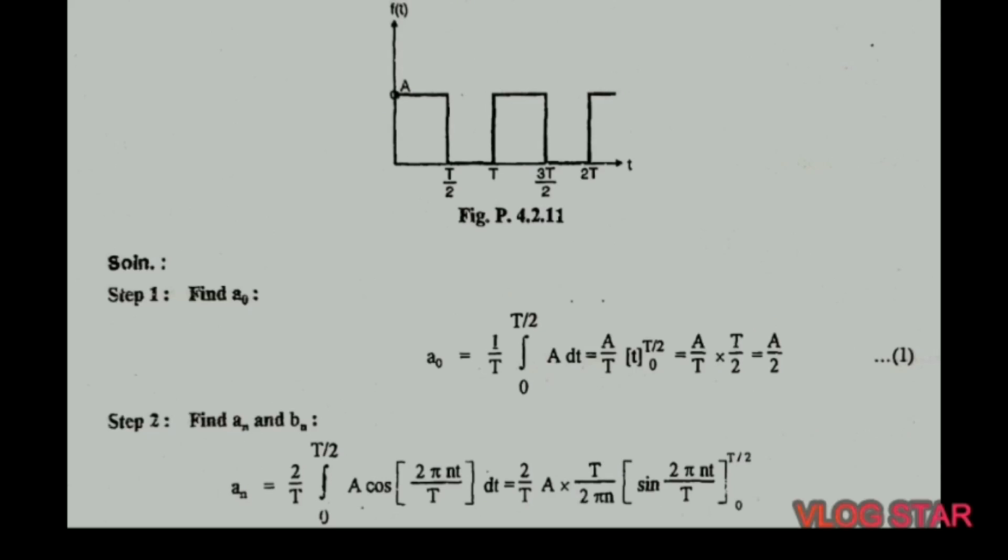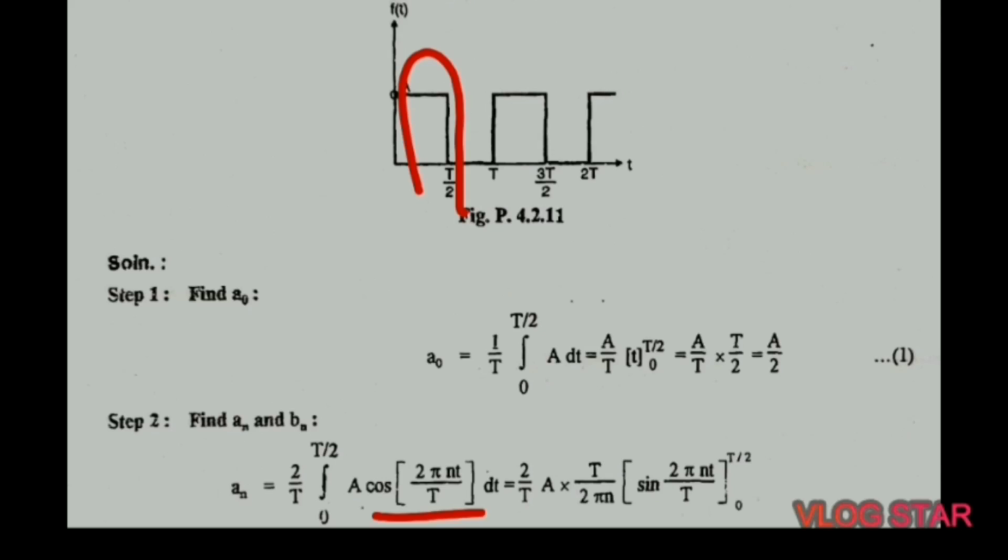Second, calculate the value of an and bn. The equation of an is 2 upon t0 integration from minus t0 by 2 to plus t0 by 2 of x of t cos of n omega 0 t into dt. So here the 2 upon t is as it is, the limits are from 0 to t by 2, and inside the integration a into cos of 2 pi n t divided by t dt is present.